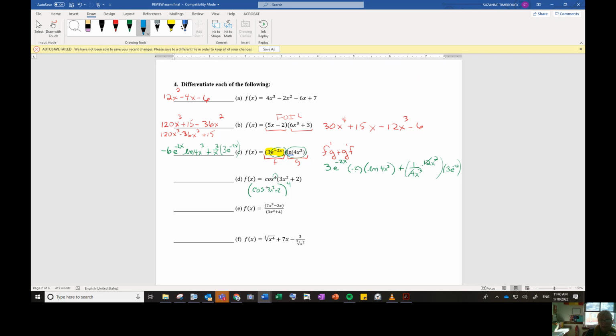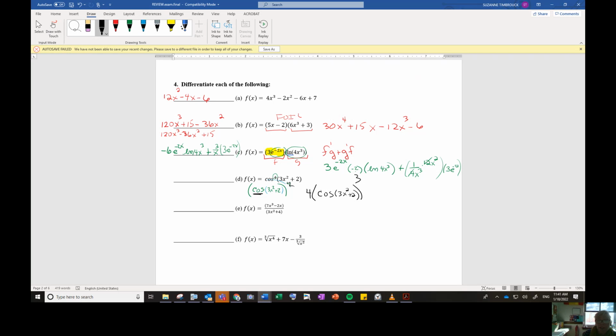And then it's a little bit easier to see. So we're going to deal just with the fourth by bringing that 4 out in front. So multiply by the exponent, keep the inside, cosine 3x squared plus 2, subtract 1 from the exponent. So we took care of the fourth.